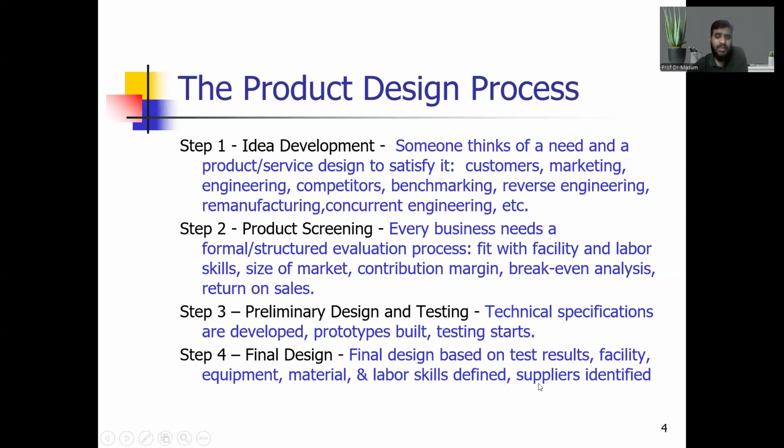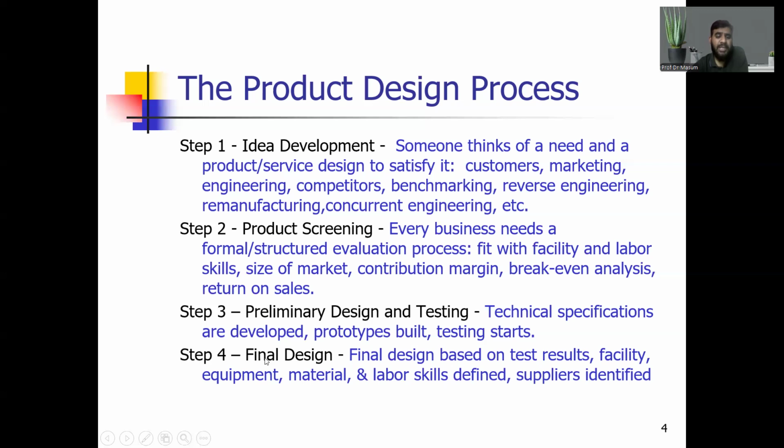So when they choose the final design, these are all practical in garments companies in Bangladesh. They check the labor skills, they check the materials availability, they check the suppliers of the raw materials, whether the facility is sufficient or not, they check everything. And also test results must be considered.